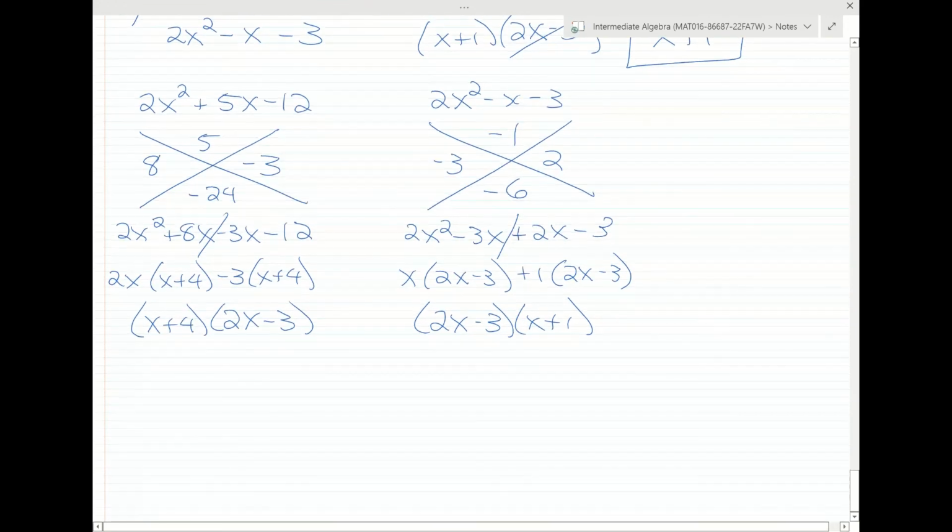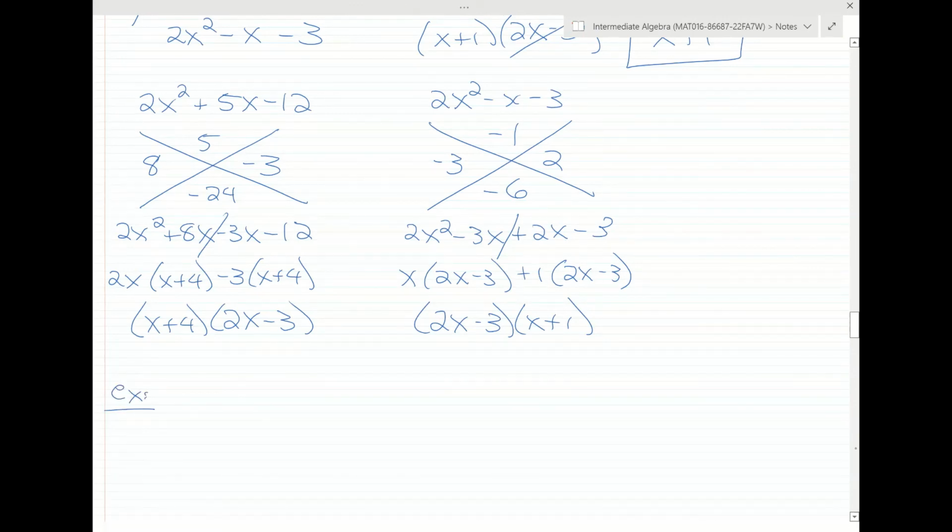The last problem that you need to know how to do is like a word problem. So it shows you it's a medical formula here.